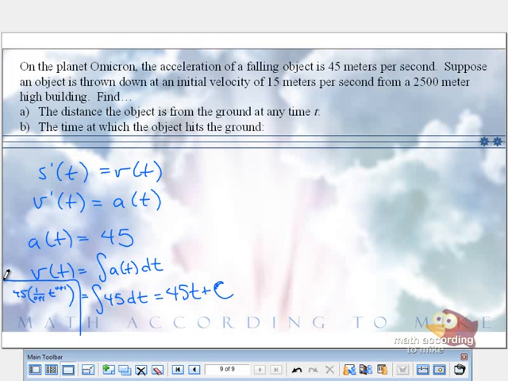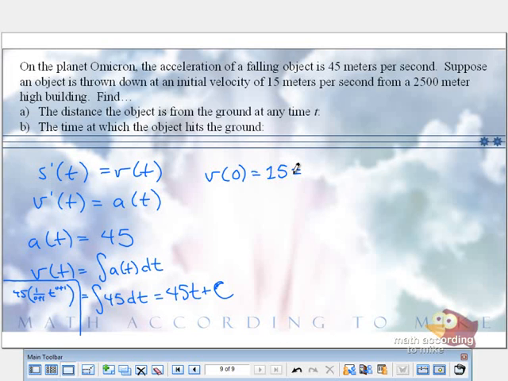And if the corresponding velocity is 15, what does that say about v? v is 15. So this is like our marginal revenue we had last class. So this says v of 0 equals 15.